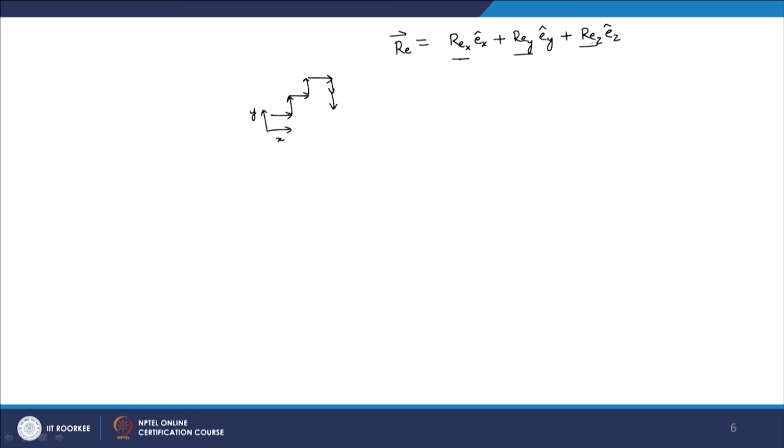So if I think of that 3-dimensional random walk for Re, I can think of it as a product of 3 random walks in each of the 3 directions. And now we can write the equation that we have derived earlier.